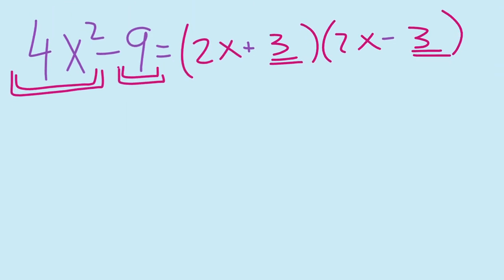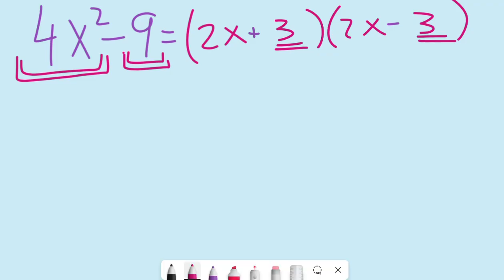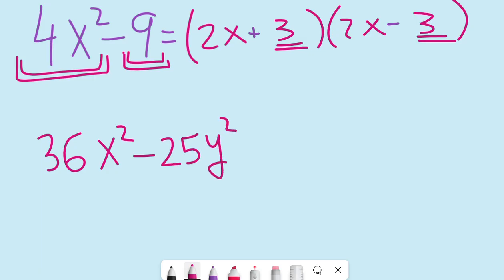And the last question for today, to some, it could be the most difficult one. 36x squared minus 25y squared.